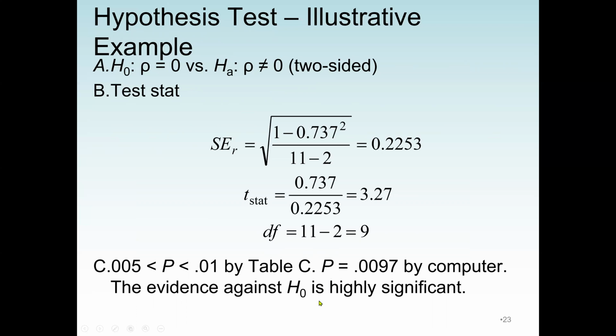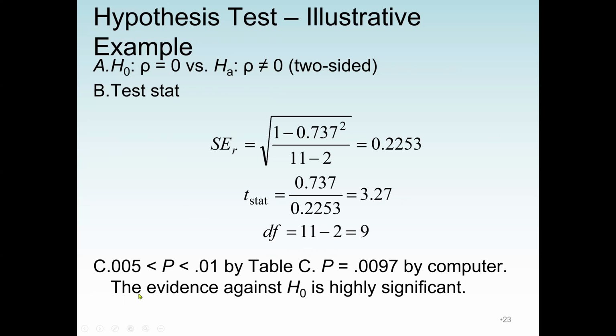When we use a computer, the book said they get 0.0097 by computer. But again, you can use the t table, and this is our P range, greater than 0.005 and less than 0.01. We get 0.0097, so let's say it's roughly 0.01.